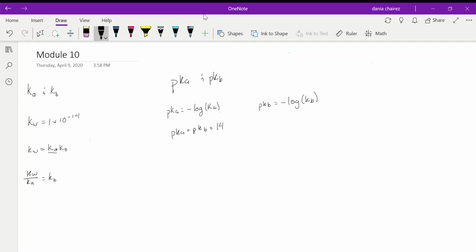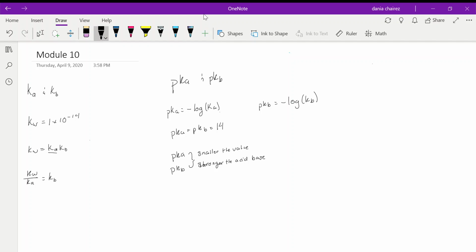And so, let me just put this here. pKa, pKb. The smaller the value of them, the stronger the acid or base.